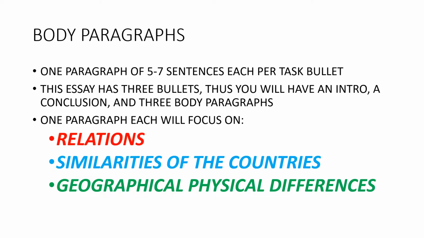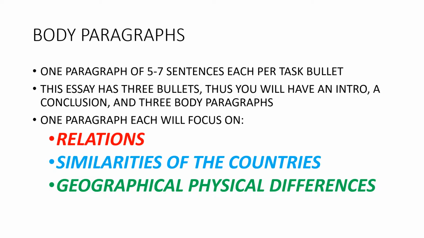You will have one paragraph each to focus on relations, similarities of the countries, and their geographical physical differences. Now I color-coded these in red, blue, and green. And you will follow along with markers, or you can make note cards as I go through the pieces with you.